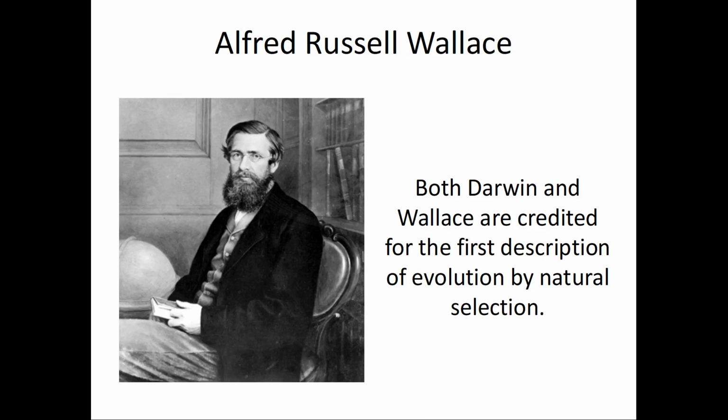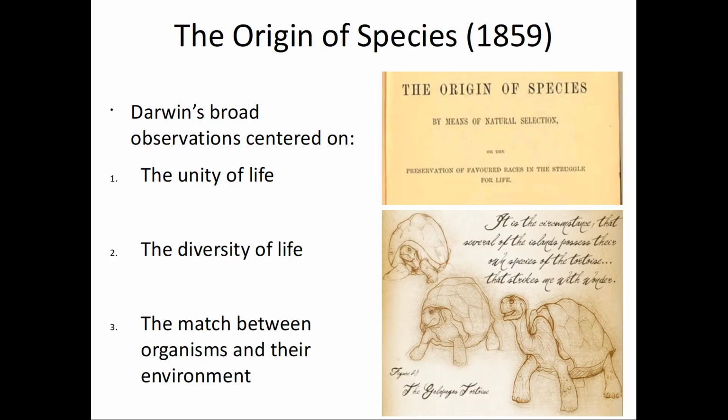So we need to give him some credit there. All right, so Darwin wrote a book titled "The Origin of Species," and it detailed some broad observations: the unity of life, the diversity of life, and the match between organisms and their environment, right?